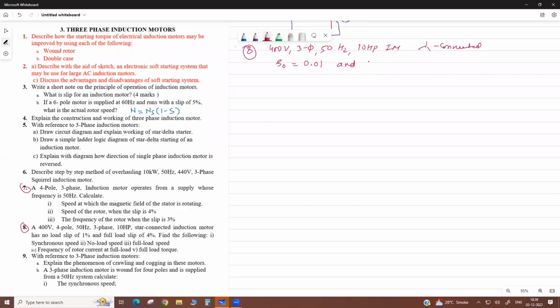And at full load, what is the full load slip? 4%, means 0.04. Find the following. First, you have to find the synchronous speed. It is 120 f by P. Very simple.